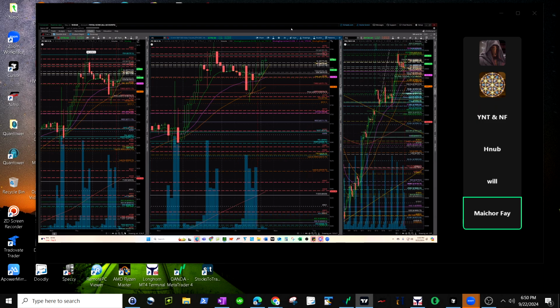Like, okay, I'm going to scale out here so I can secure some money, and then move the rest of it to break even. So even if it comes against me, I still make money on that day. You have to start thinking like that, because if you just go all in and start scaling in and then just wait and close, it works for a little bit, and then you have one of those days where you just lose it all.